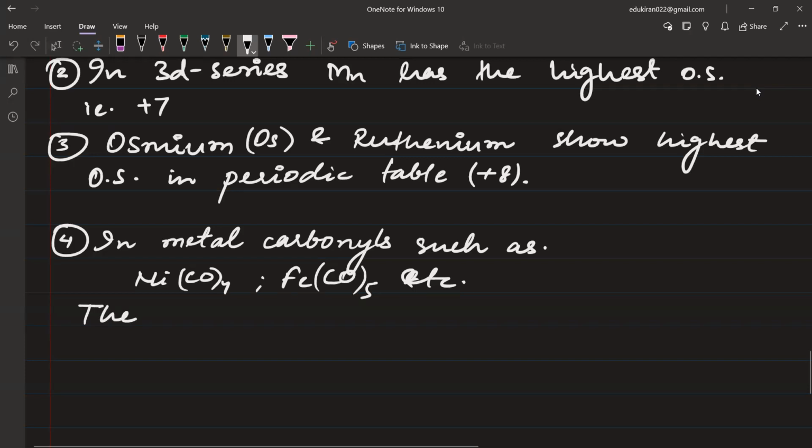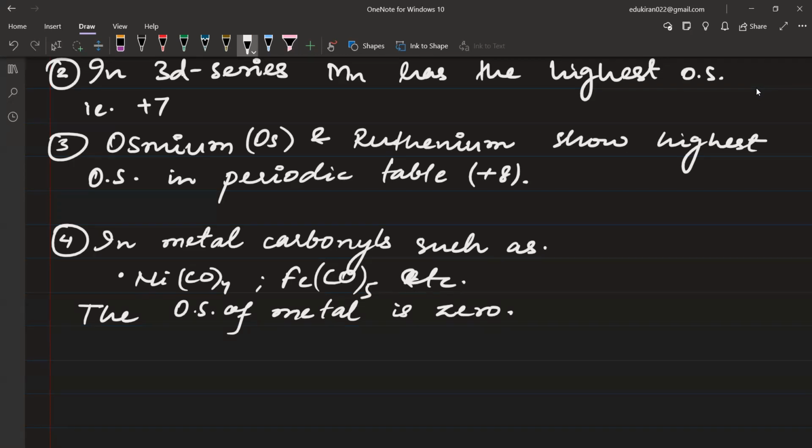The oxidation state of the metal is 0. Okay, these are neutral complexes. We'll get to this point in coordination complexes once again.